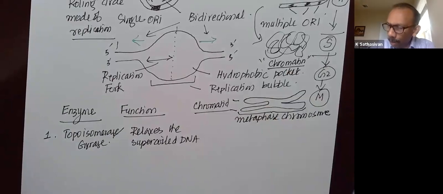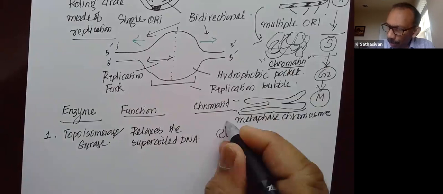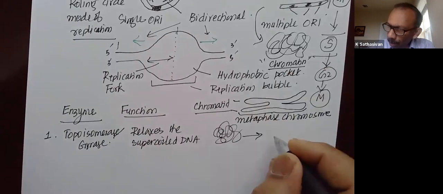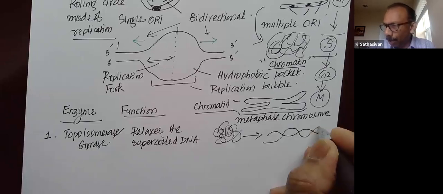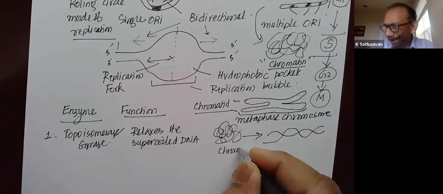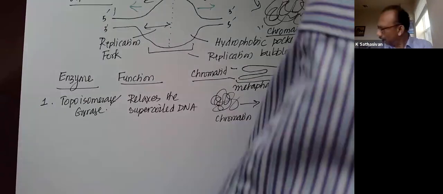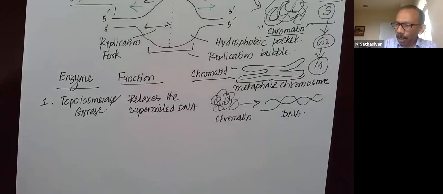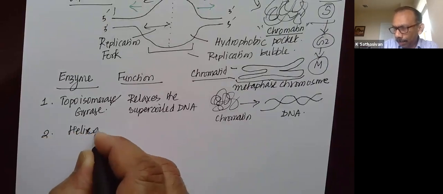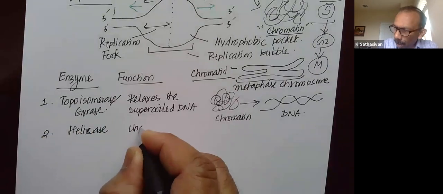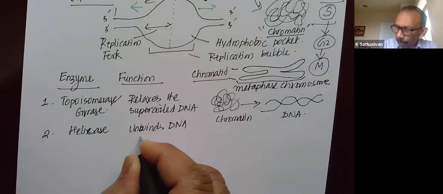So now this one relaxes the supercoiled DNA, goes from this chromatin into this double helix DNA, opens up like that. Okay. So that is the purpose of topoisomerase. That's how it functions. Then the enzyme helicase unwinds the DNA double helix.